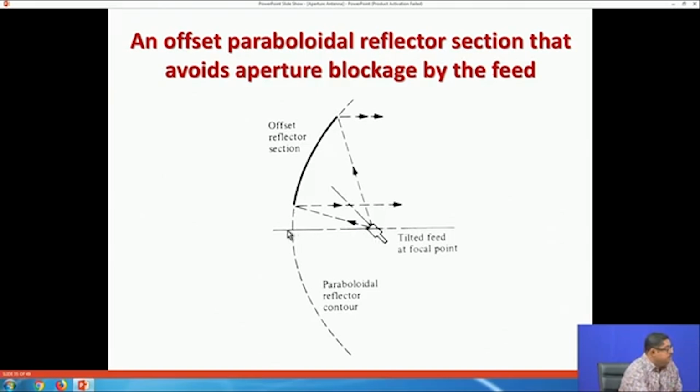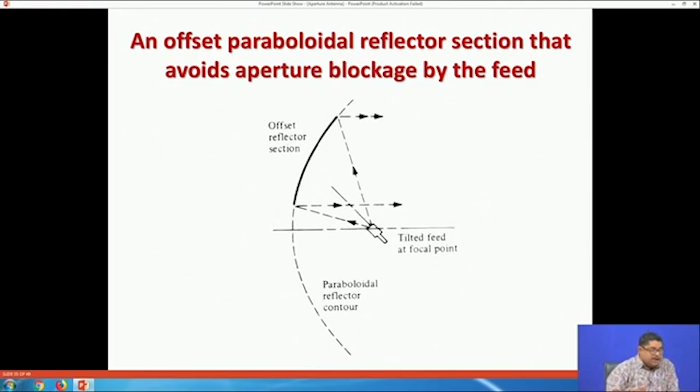Previously the feed was pointing to this, now the feed is tilted. This ray from this end is the maximum that can be reflected. So, this one comes here and that comes here. That means the reflected ray is only in this zone, and in this zone the feed is not blocking. So, this is called an offset paraboloid reflector.